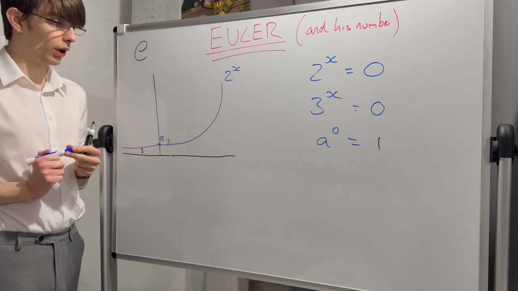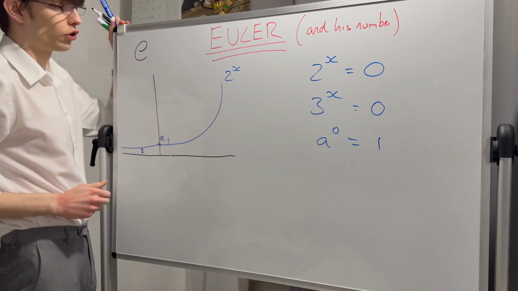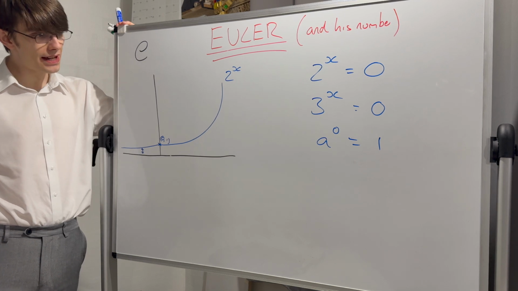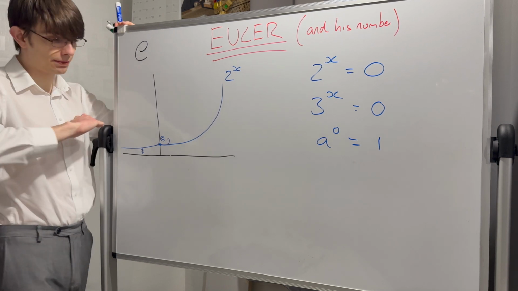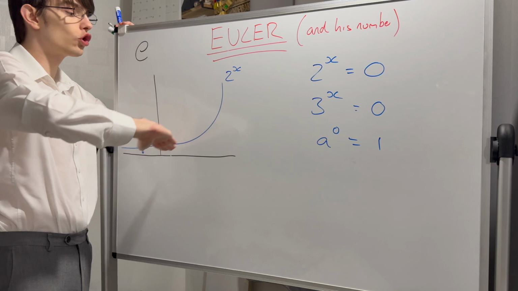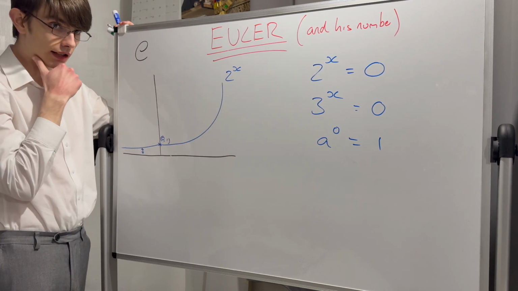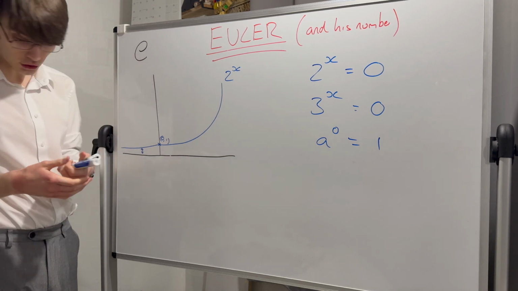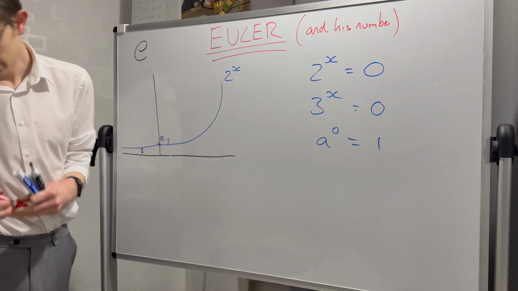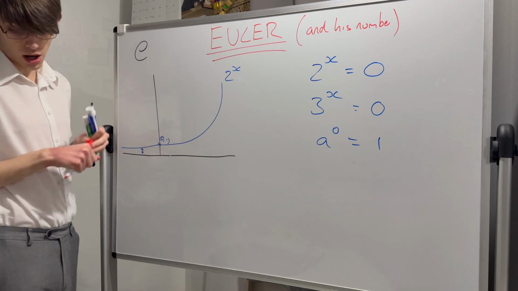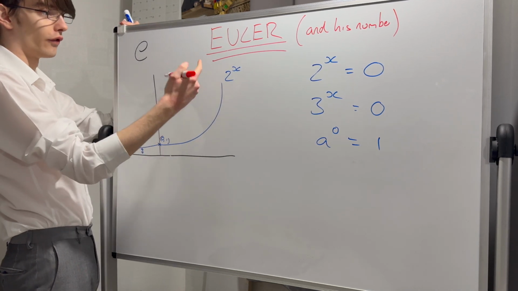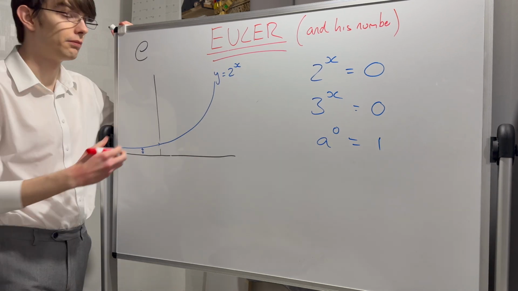To get this idea of Euler, I have drawn this 2 to the x graph. Now, because exponential graphs change so quickly, they have an interesting property with their gradient. If I draw a graph of the gradient of this graph, okay, let me try that again.